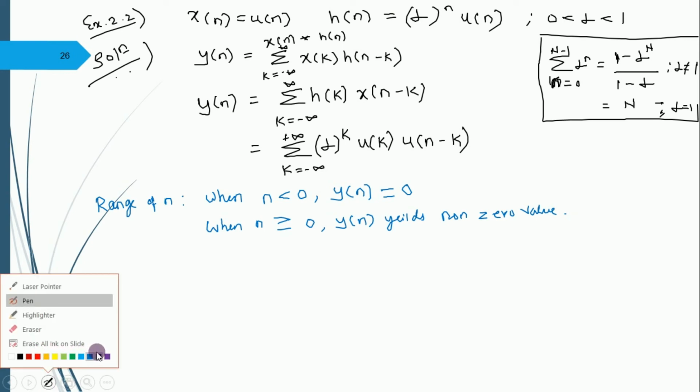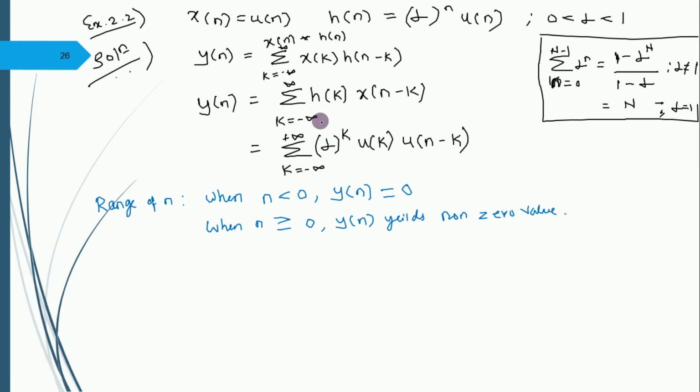We need to identify k's range now. So what is the range of k? With this I define the lower limit, and with this I define the upper limit. We already know u of k is equal to 1 for k greater than or equal to 0. So k greater than or equal to 0, then only this will be 1.